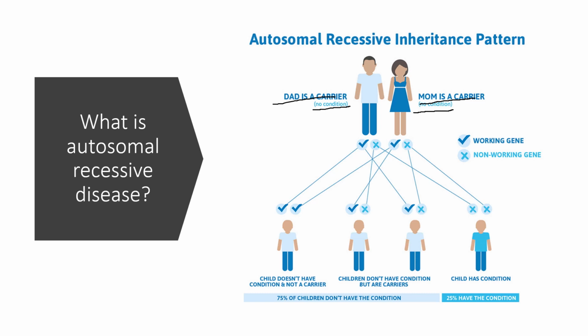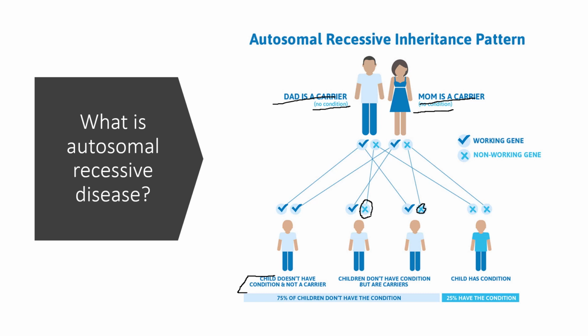As you can see, the first child doesn't have any condition and is also not a carrier. Now these two children also don't have the condition, but they are carriers. See this allele which is mutated, this one and also this one. So this makes the children carriers.